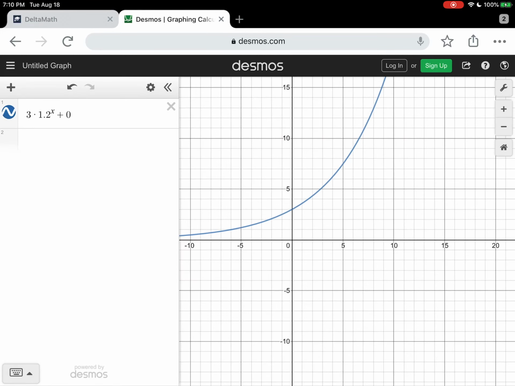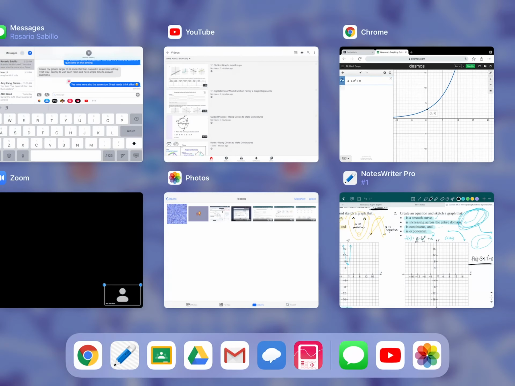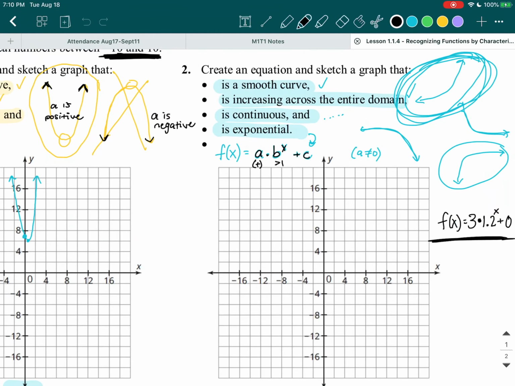So that's how I'm going to draw my graph, with a y-intercept of 3 and flattening out on the x-axis. Y-intercept of 3, flat on the left and increasing on the right. That's my graph. Yours will look different, don't worry about it, but this is what our graph looks like.